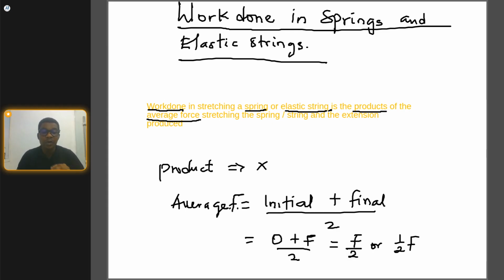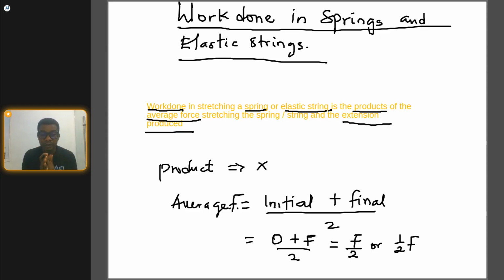That is why we are taking the average of the initial force plus the final force, adding them together, then dividing by 2, to get the average force in that work done. So the average force is multiplied by the extension produced.